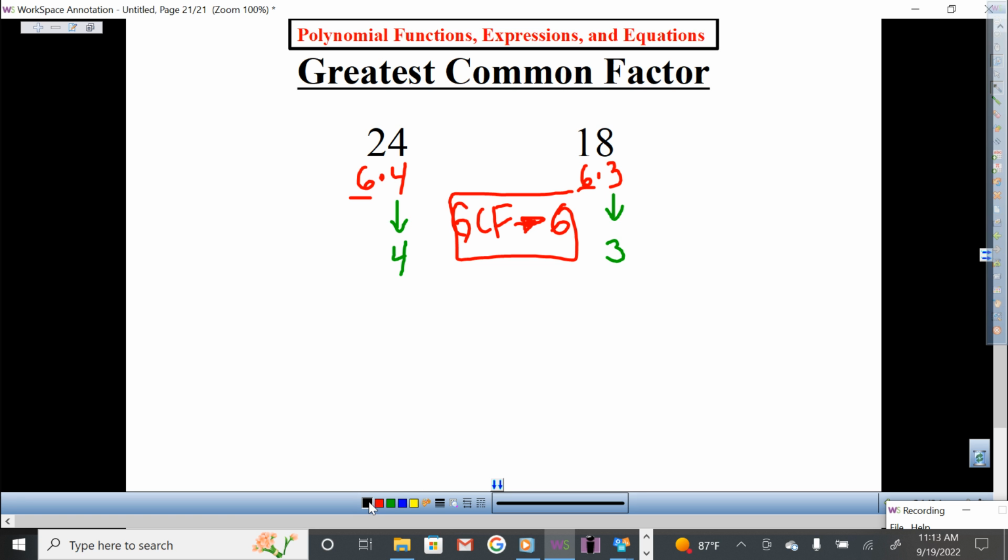Don't copy this, we already did these. About 20 and, give me a number. All right, 15. Think about those two. Tell your neighbor the GCF for 20 and 15.